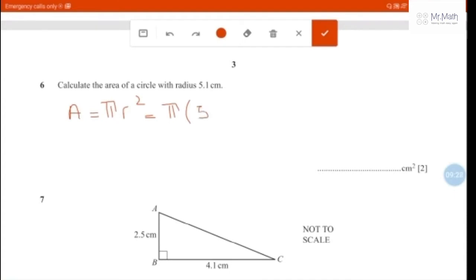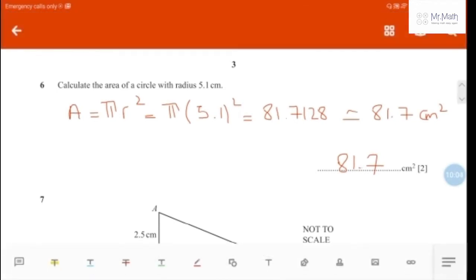So pi times 5.1 squared, and the answer is 81.7128. So if I want to round to 3 significant figures, the answer is 81.7 centimeters squared. So the final answer is 81.7.